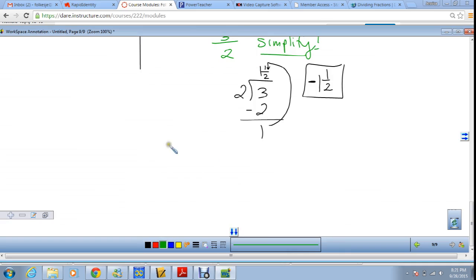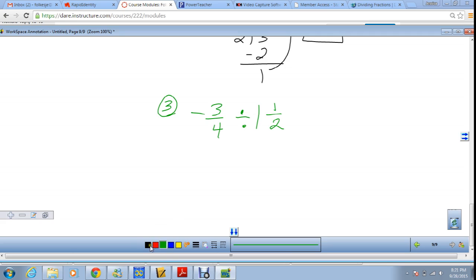Let's take a look at number 3. We've got -3/4 divided by 1 1/2. First thing, we've got a mixed number, so we need to make it improper before we start change flipping anything.